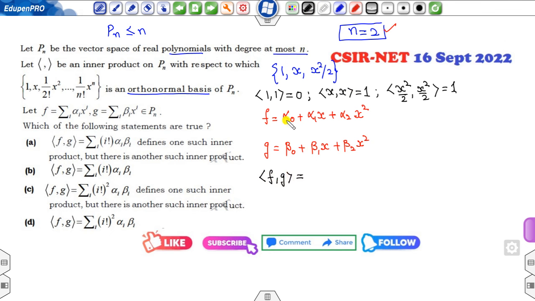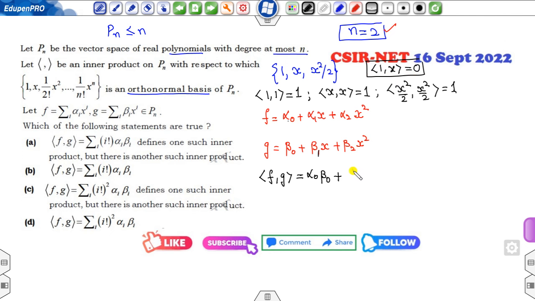Very simple. If you do the inner product, this is the constant, 1 into 1 is 1. It's orthonormal, fine. So alpha 0 into beta 0 is 1, plus alpha 0 into beta 1 x. But what is the orthonormal? 1 into x is 0. Similarly, alpha naught into x square is 0.